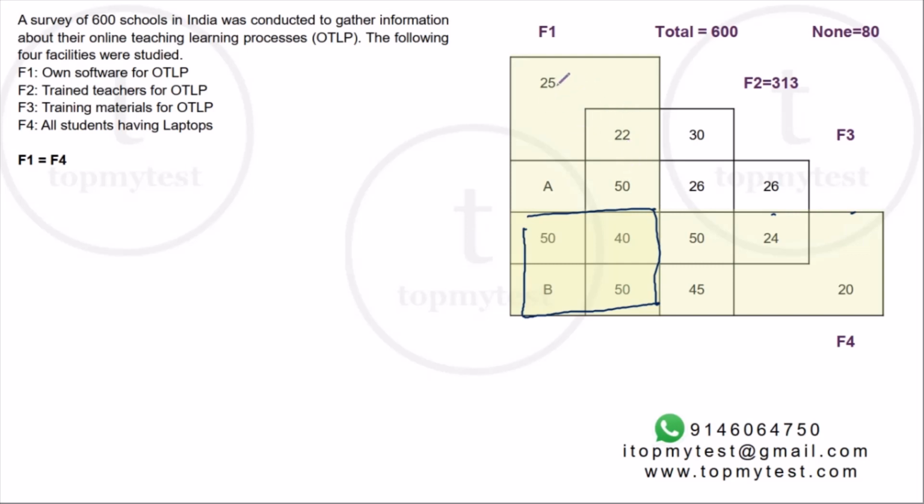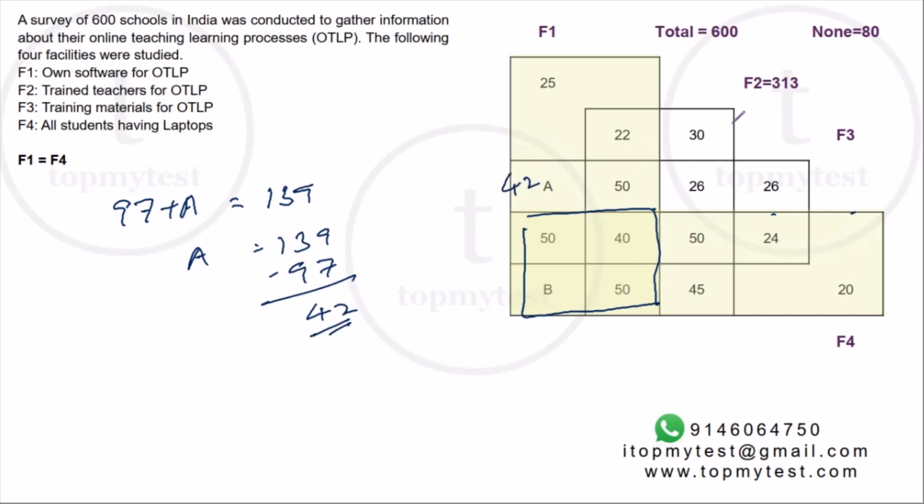This is 50 plus 25 is 75 plus 22 is 97 plus A equals the sum of all this, that's 95, 115, 139. So A should be equal to 139 minus 97, which is 42. So the value of A is 42.